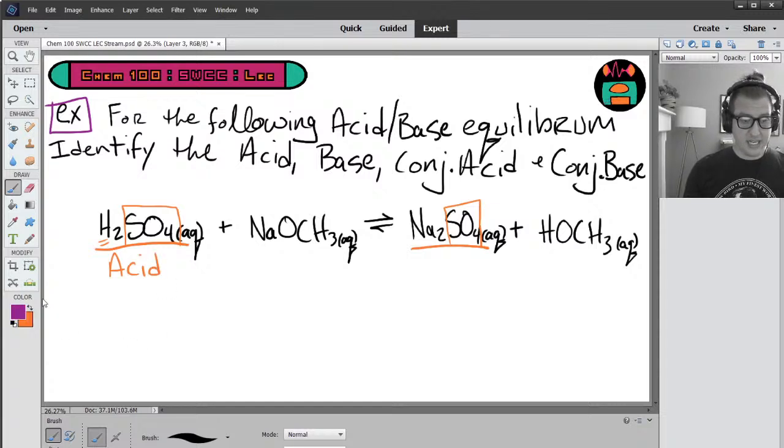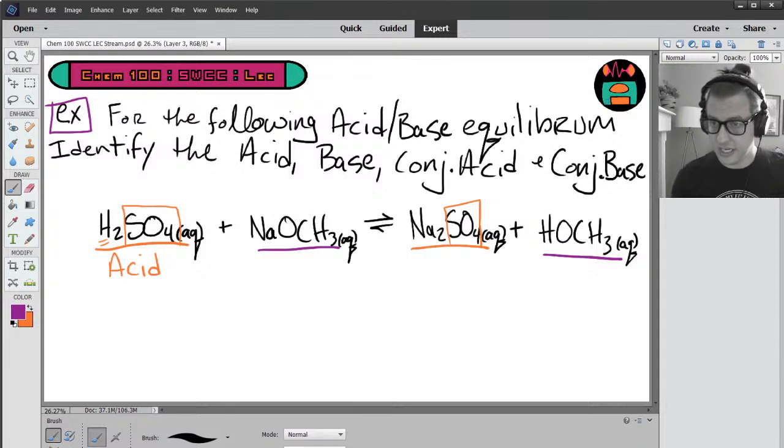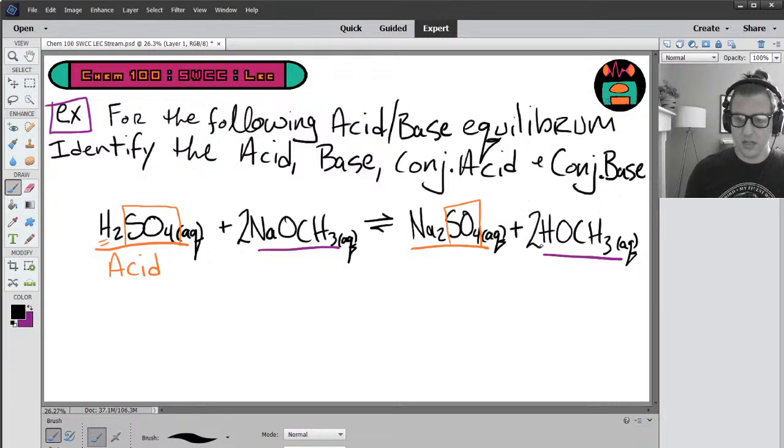Now let's identify our other piece. And again, we're evaluating what this turns into right here. And actually, I'm just realizing that my reaction is not balanced. Need to put a 2 here and a 2 here to properly balance it.